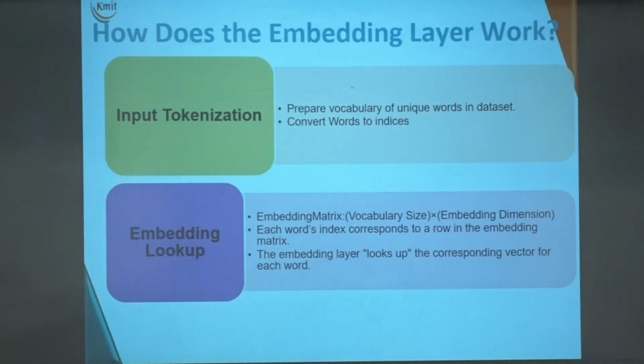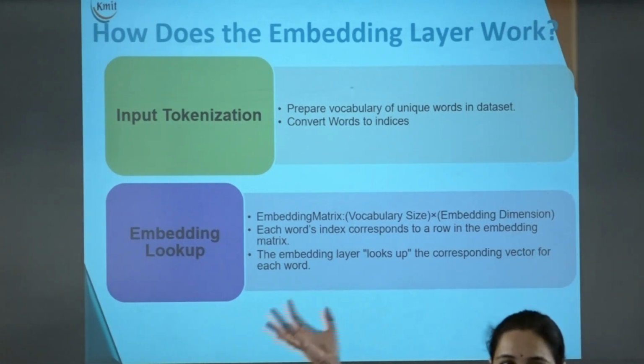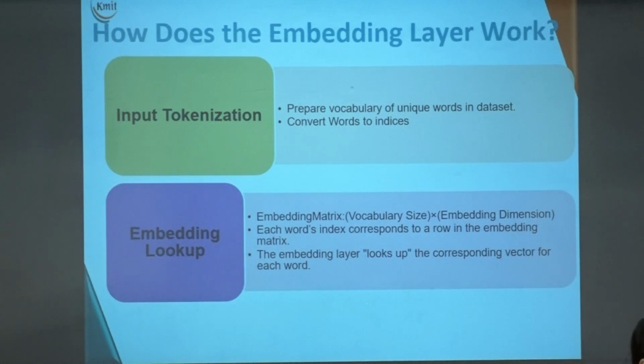So how does the embedding layer work? The very first step is input tokenization. What are you doing in input tokenization? You create a vocabulary of the unique words present inside the text given as input. For example, if I say here, I am happy today, it creates a vocabulary, a set: I, am, happy, today.